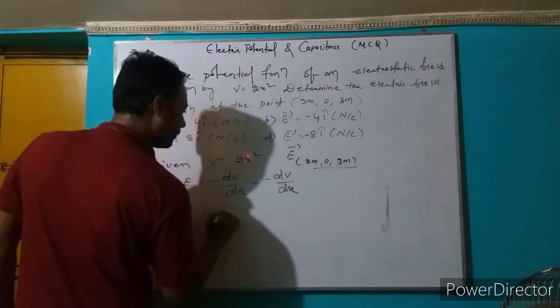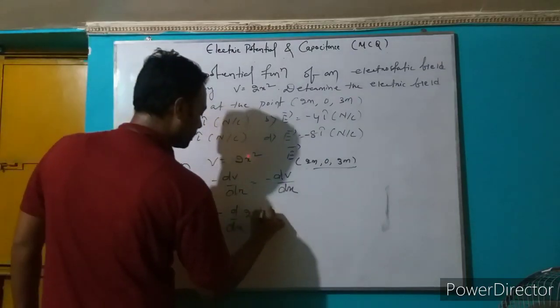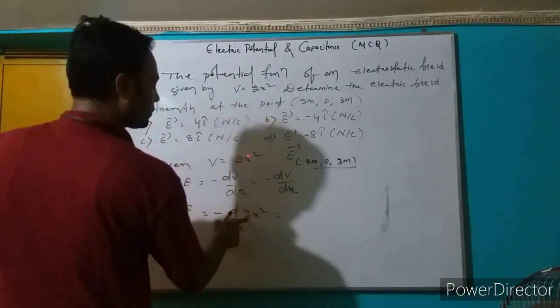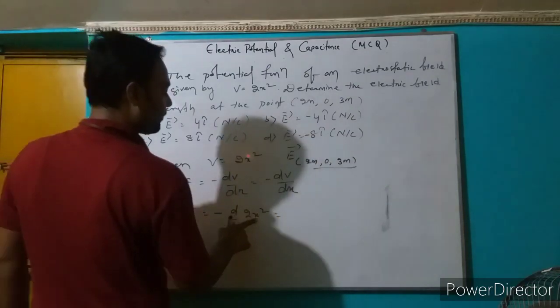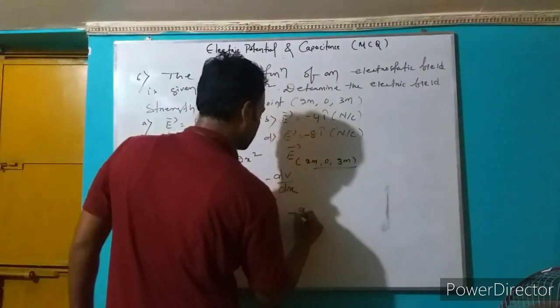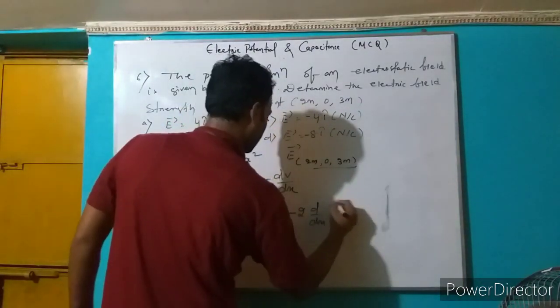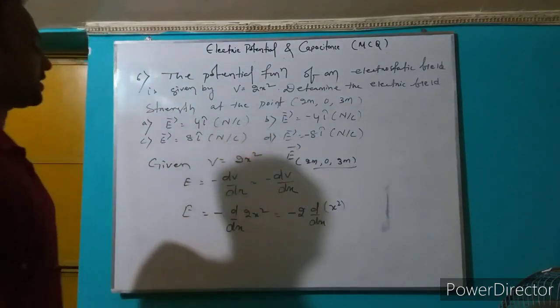So E equal to minus d by dx of 2x square. So 2 is a constant quantity and x is the variable, so the constant is taken outside. Now differentiate x square with respect to x.